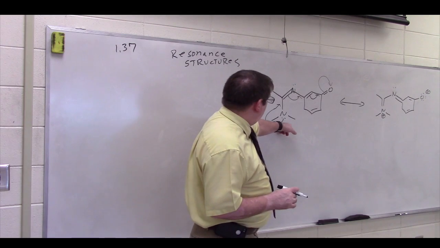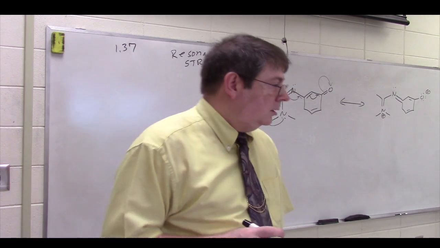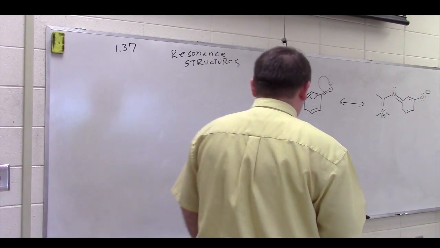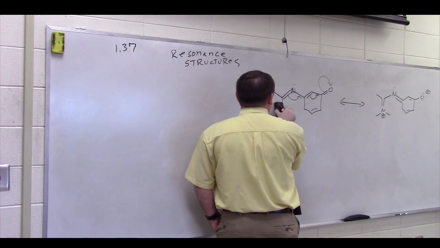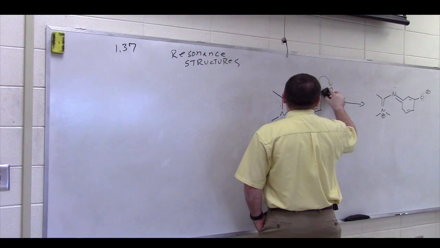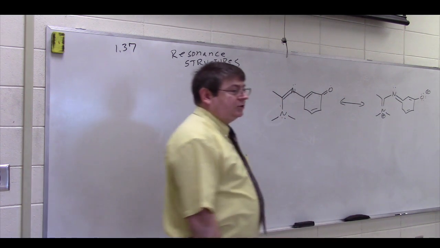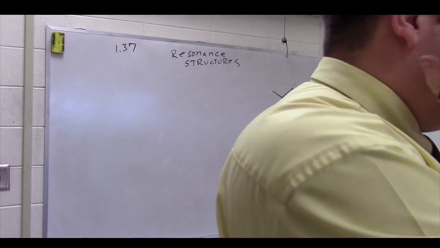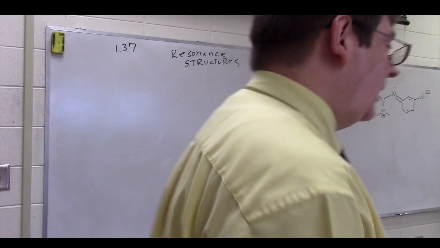What's the molecular formula for this structure? How many carbons, how many nitrogens, how many oxygens, how many hydrogens do we have? Let me erase the arrows just for clarity here. If I asked you that question on an exam, what would you do? Count. You would learn how to count, right? Yeah, we're going to count.